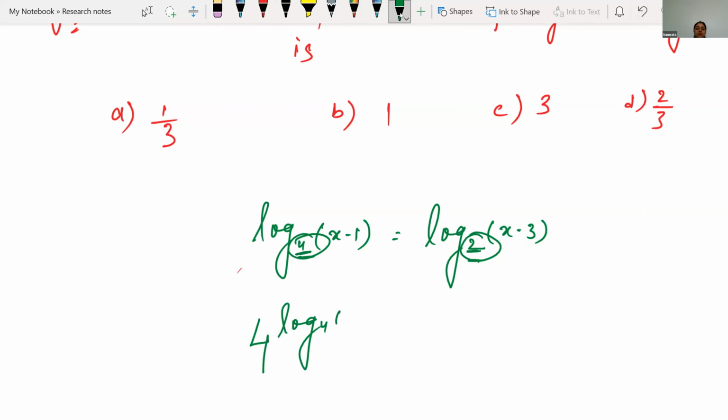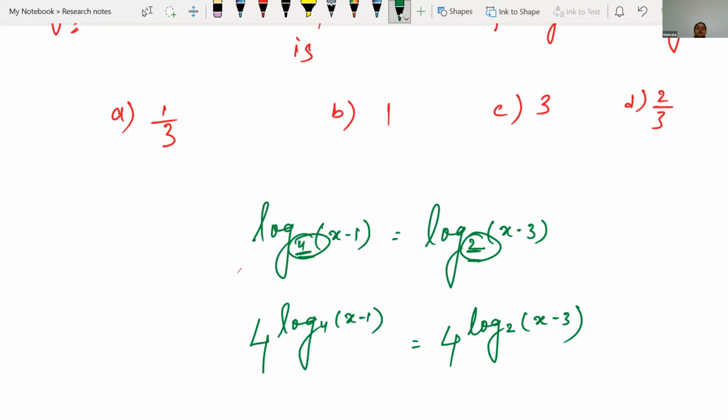Log(4x - 1) is equal to, again here also, whatever you are doing on both sides of an equation is allowed in mathematics. So here we are taking x - 3. Same thing I have done over here, right?